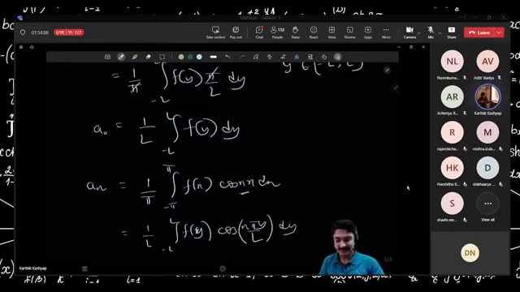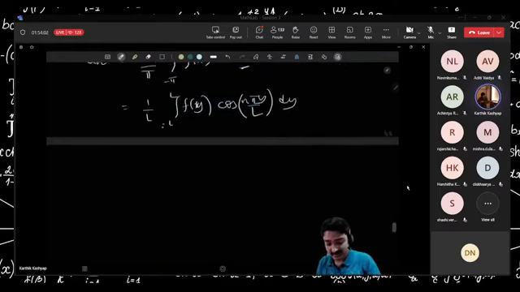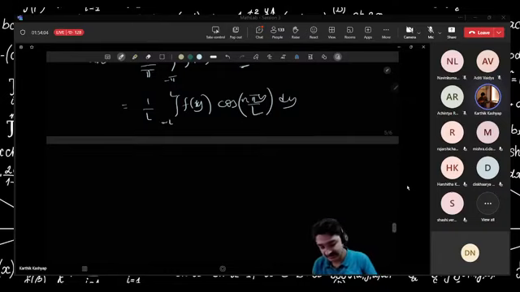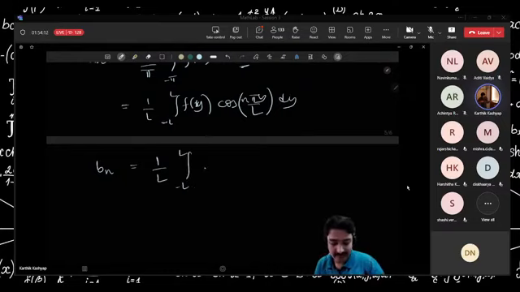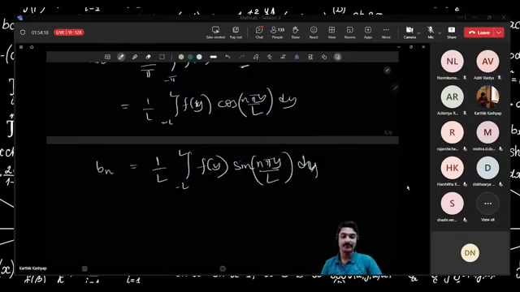So this is the modified an expression for the generalized periodicity. Again, I am not going to do this for bn. You can just say the same thing by analogy, 1 by L times the integral from minus L to L, f of y sine n pi y by L dy. So this is for modified periodicity.